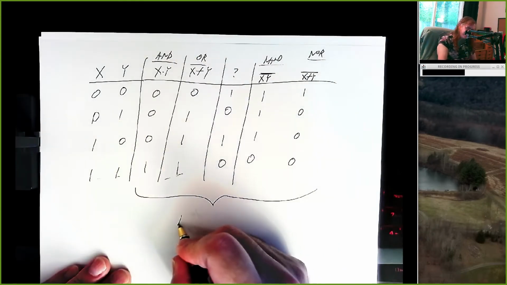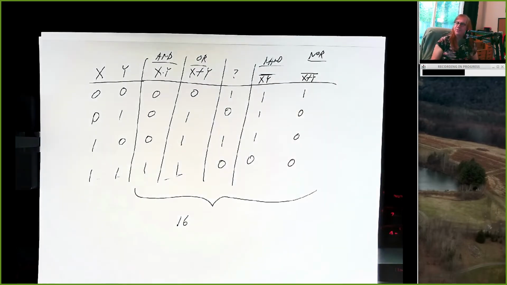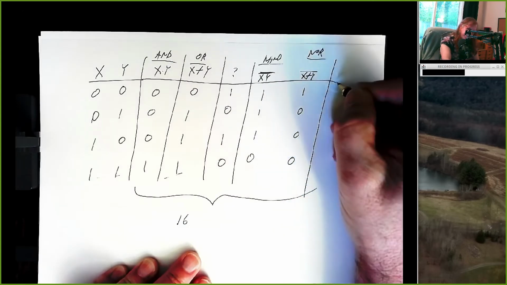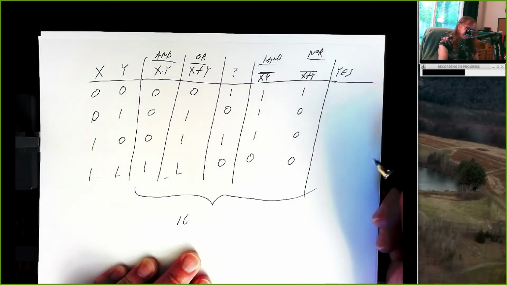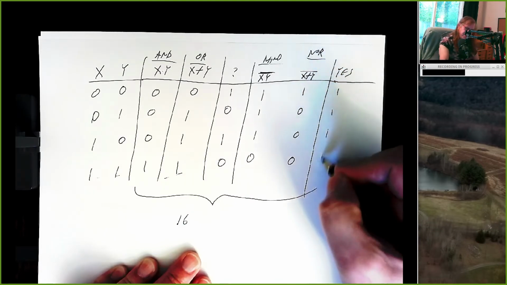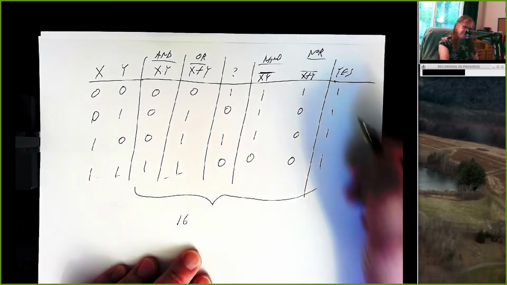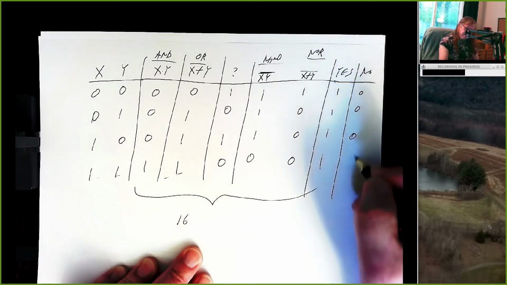Actually, turns out we can do 16 possible functions of 2 inputs. This includes some possibly useful functions like the yes function, which just always says true, or the no function, which always says nope, false.